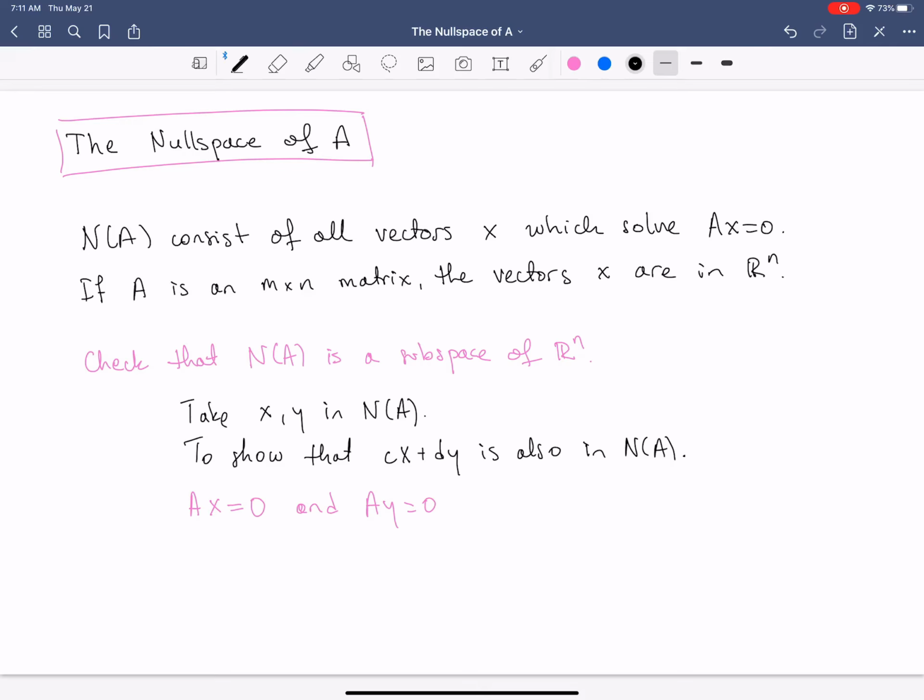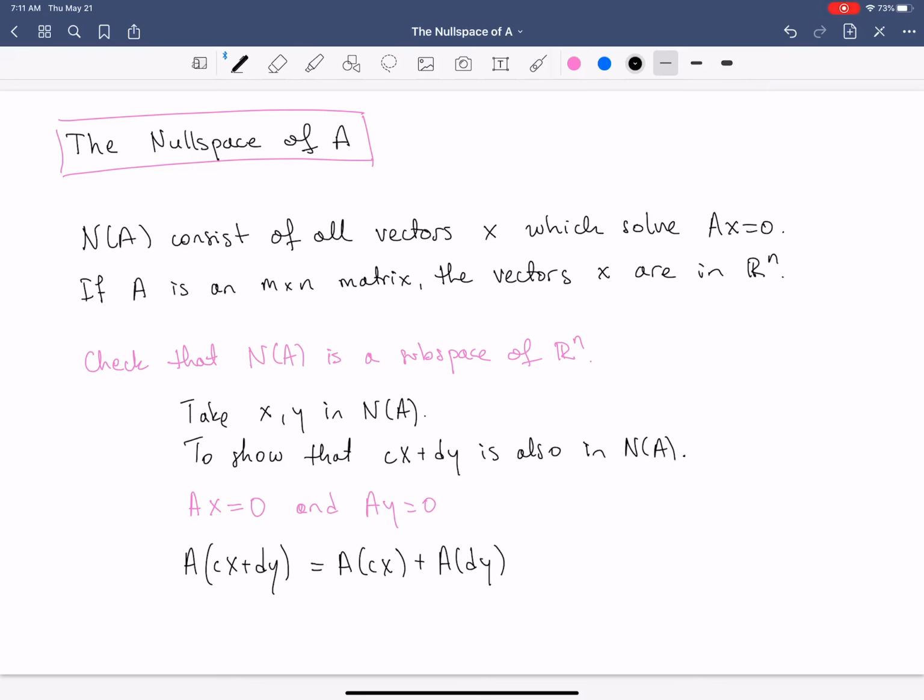Well, let's just try A times cx plus dy. To show that cx plus dy is in the null space of A, we look at A times cx plus dy. Now, just using standard matrix multiplication, we have that this is A times cx plus A times dy.